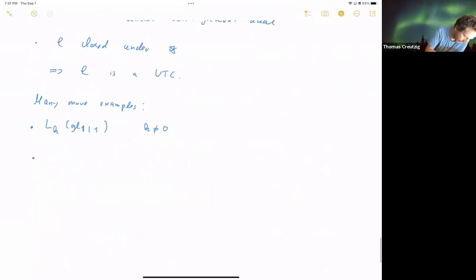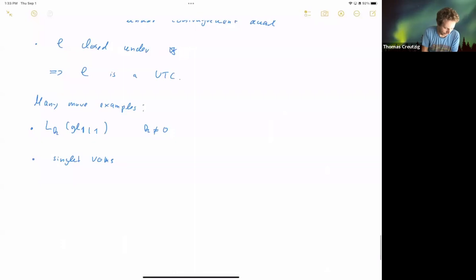And then a somehow related example is the singlet VOAs. You have probably all heard about the triplet VOAs. This is a nice example of C2-cofinite but non-rational VOAs associated to the Virasoro algebra in some sense. These triplet VOAs are large extensions of singlet VOAs, and these singlet VOAs in some respects are more fundamental.